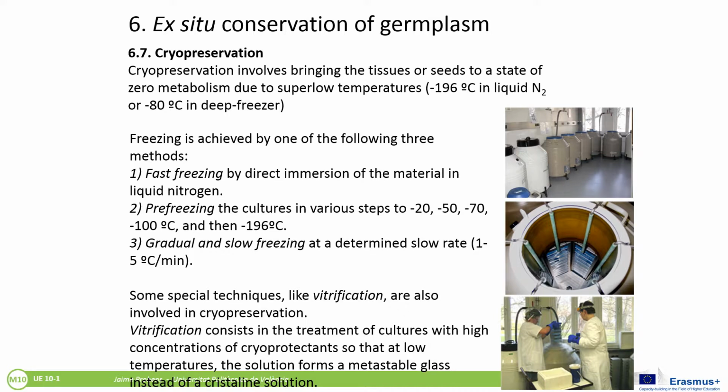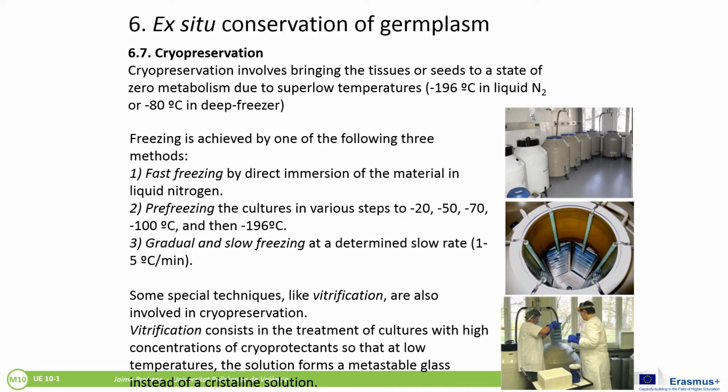Freezing is achieved by one of the following three methods. Fast freezing by direct immersion of the material in liquid nitrogen, or pre-freezing the cultures in various steps to -20, -50, -70, -100 degrees centigrade and then -196 degrees centigrade.